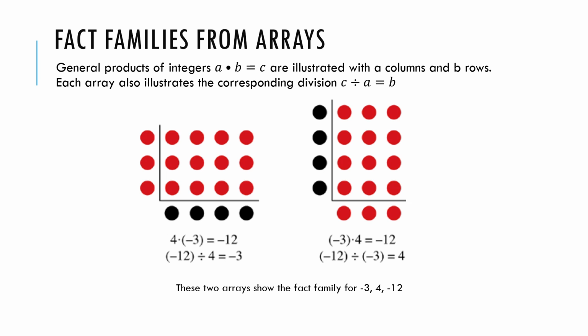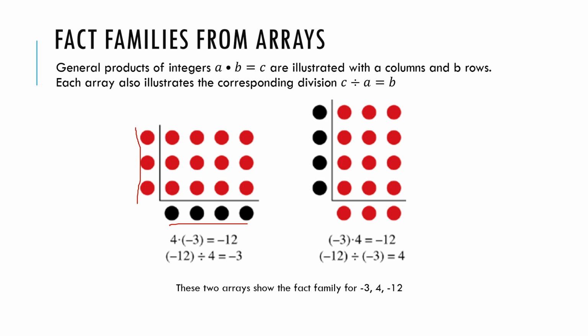My first factor is always represented along the bottom. My second factor is represented along the side. So if I'm doing positive 4 times negative 3, I've got my positive 4, my black counters, going across the bottom. And then I've got my negative 3, my red counters, going up the side. That gives me 4 times negative 3, which we know is negative 12. So here are my negative 12 chips inside.